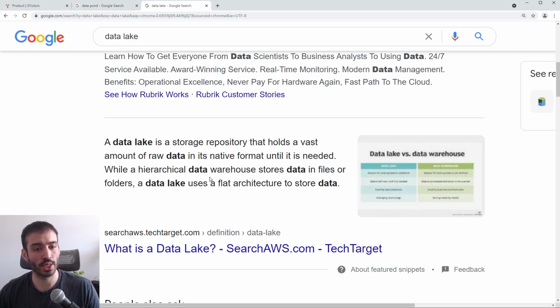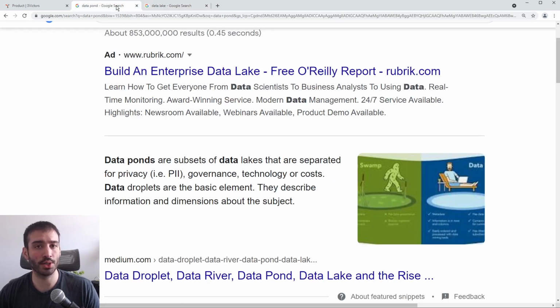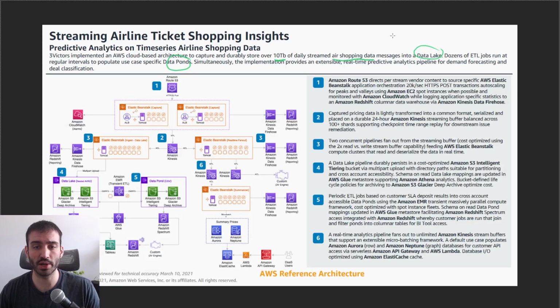While a hierarchical data warehouse stores data in files or folders, a data lake uses a flat architecture to store data. So essentially, a data lake is just a huge swath of raw data, and a data pond is a subset of that data that could be, I suppose, transformed for a specific use case or policy-based separation. So that's what those two terms mean. I would try and remember that because it's used throughout here.